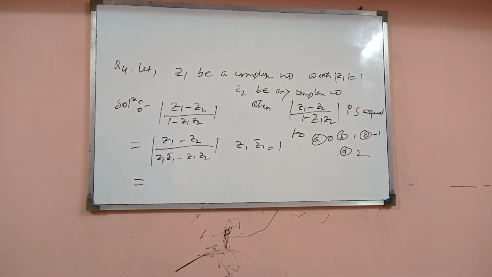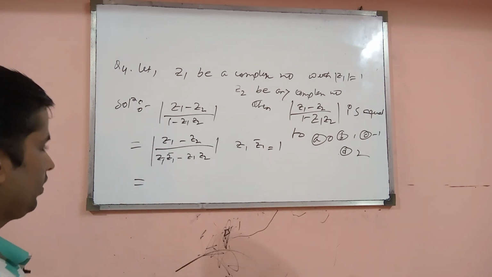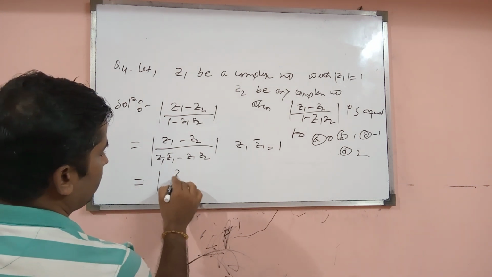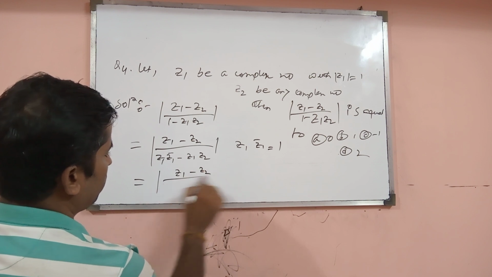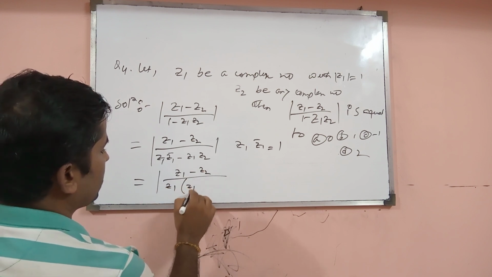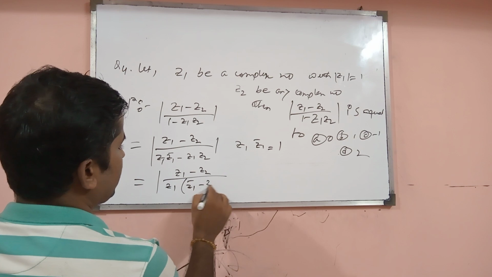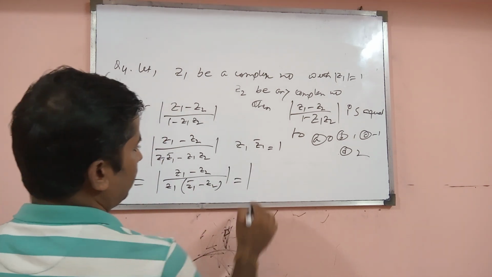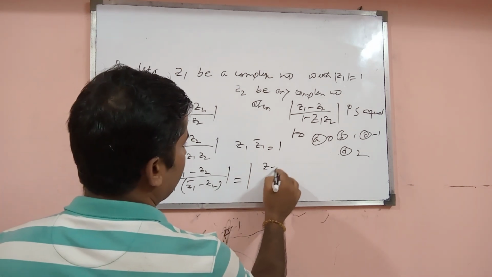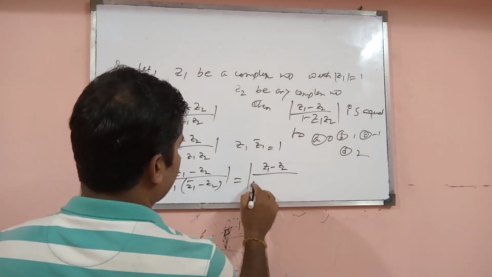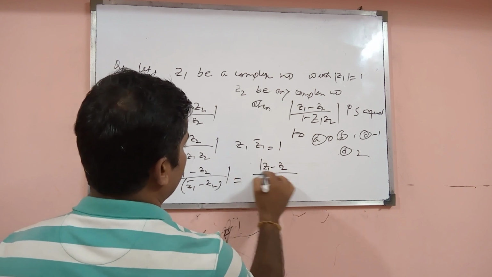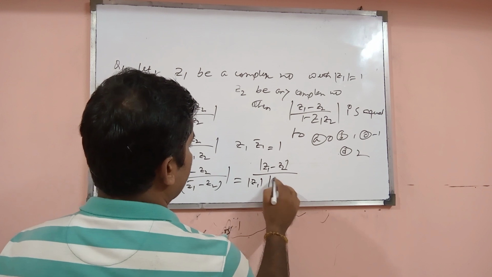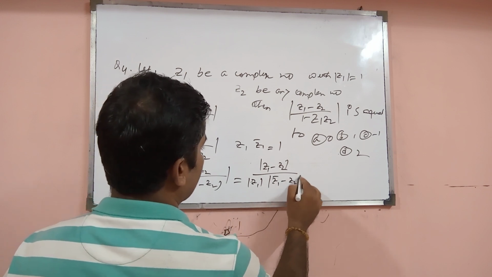So if we take common z1 from denominator, it would be z1 minus z2 by z1 times z1 bar minus z2. Okay, so it shall imply it is mod z1 minus z2 by mod z1 into mod z1 bar minus z2.